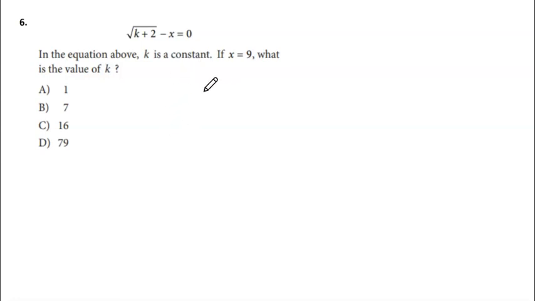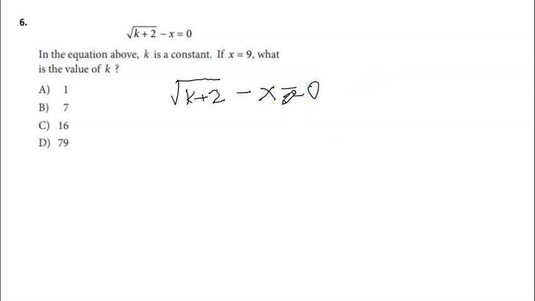So you just use the information given and start to work on the question. So we have the square root of k plus 2. Both of them are under the square root sign, so you have to watch it. Minus x is equal to 0.